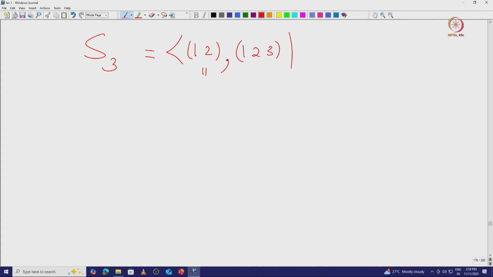These generators are (1 2) and (1 2 3), which is the 3-cycle. Let us call (1 2) as S and (1 2 3) as R.